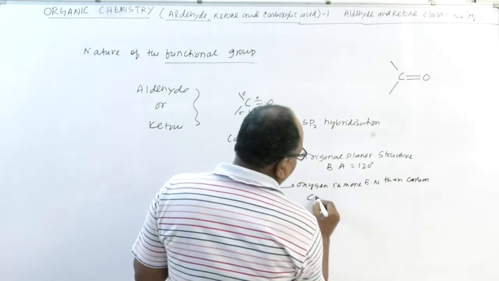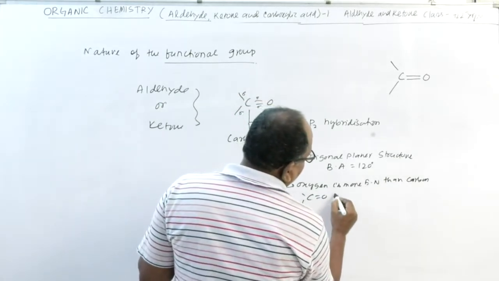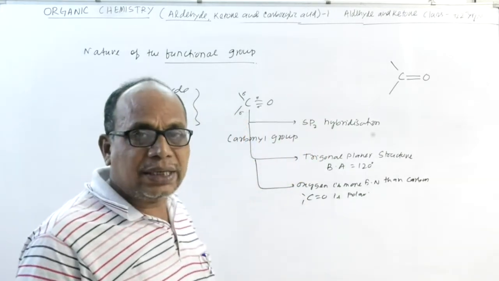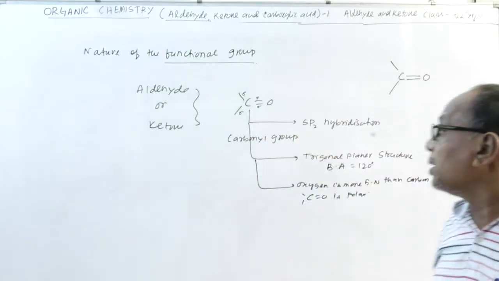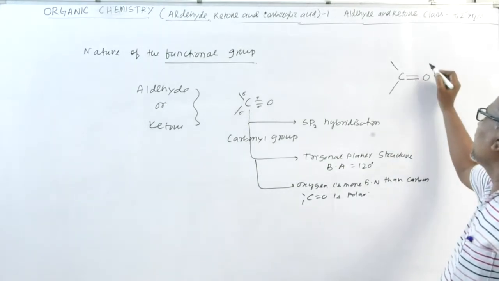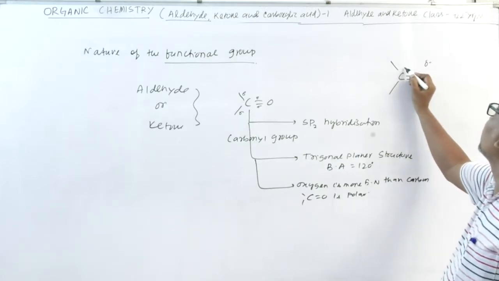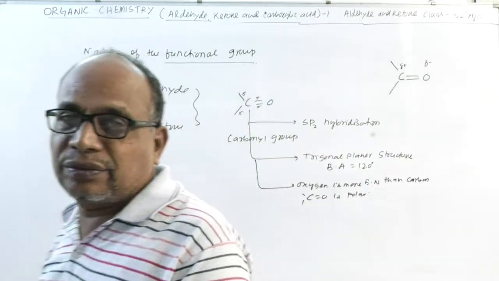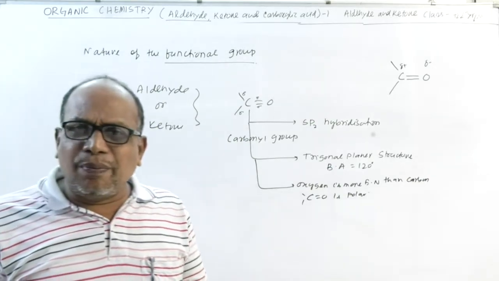So the carbon-oxygen double bond is polar. Polar means there is small charge separation due to the more electronegativity. The pi electron will come to this side. This possesses fractional negative charge. This possesses fractional what charge? Positive charge.